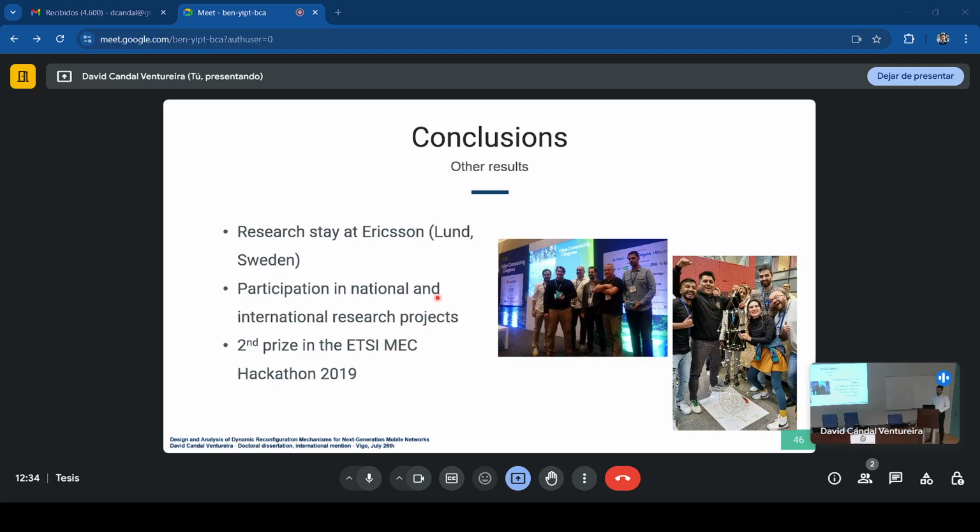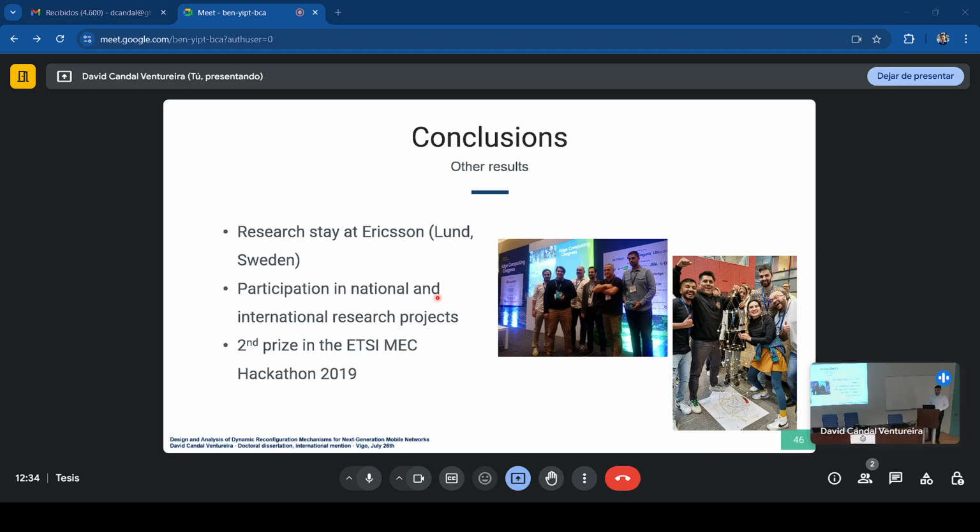Moreover, I have conducted a research stay at Ericsson in Sweden, where I worked on several aspects related to network slicing. And well, I proposed a solution around this topic and built a testbed to validate it.